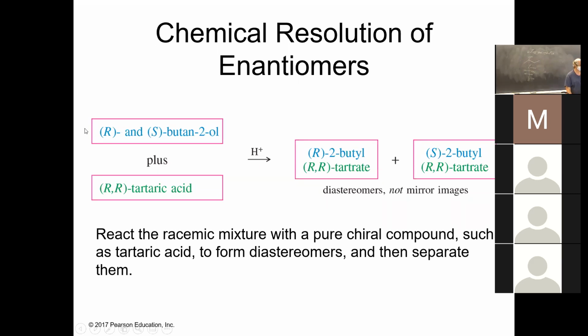We have this racemic mixture, and then we add just one enantiomer of the tartaric acid. That will produce two esters, which are diastereomers. This is RRR and this is SRR, so we've inverted one center, but not the others. These can then be separated because they are diastereomers.